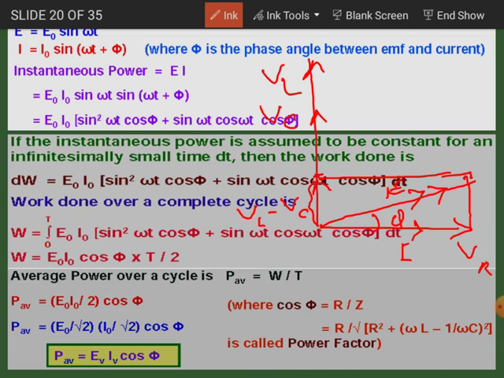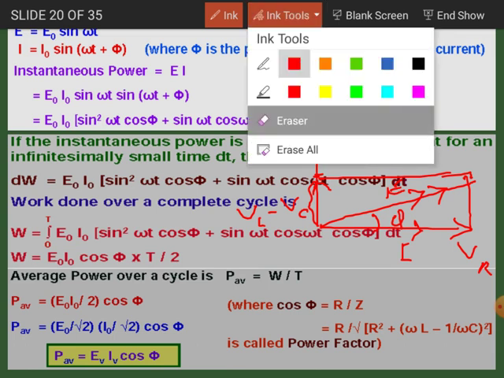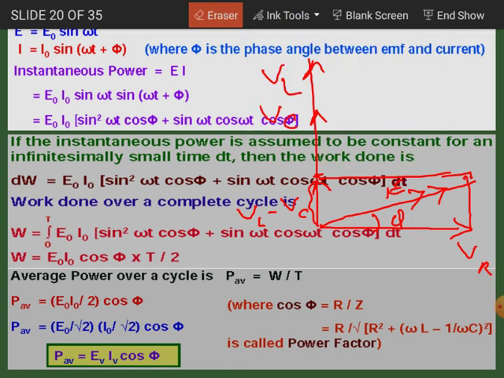No? So instead of showing this in terms of the voltages, let's redraw it again, in terms of the resistance or the reactance.